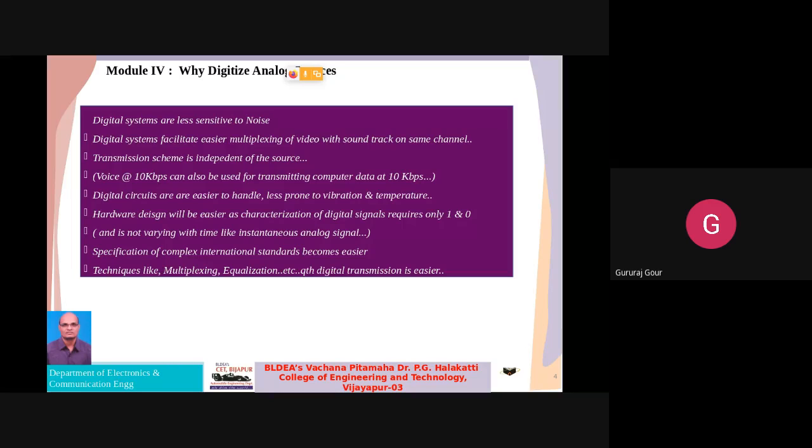Many times we felt that it is very easy to design combinational and sequential circuits compared to analog circuits. The main reason is that in digital design, all the way we depend on the basic gates. Ones and zeros are there. We are not talking about any value other than 1 and 0. That's why it is very easy.